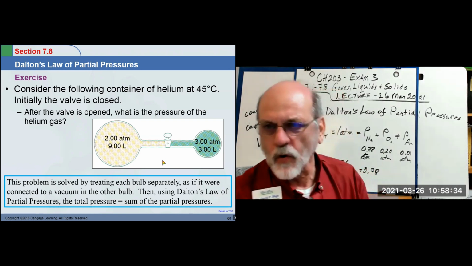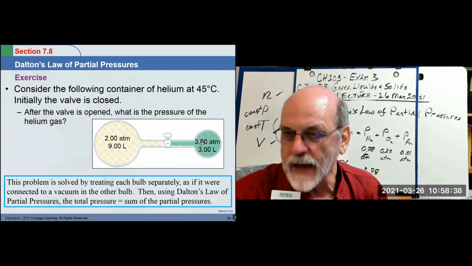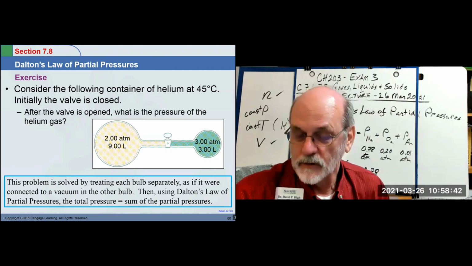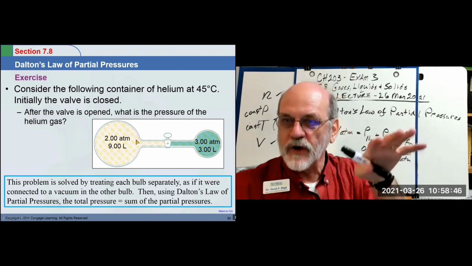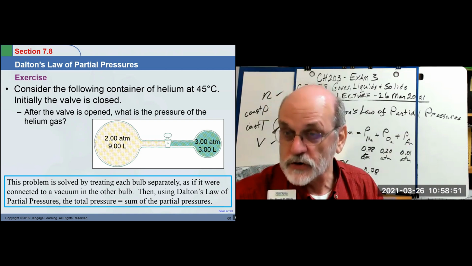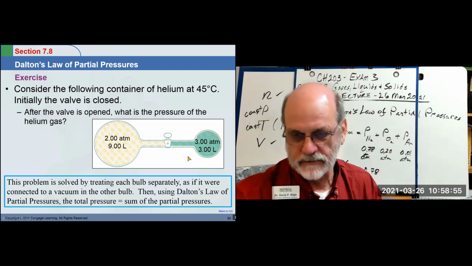All right, let's take a qualitative look at this. You've got 2 atmospheres pressure here and 3 atmospheres pressure there. Which way is the gas going to move? When you open the valve, it's going from the smaller one to the larger one until the pressures are equalized. So the pressure should be somewhere between 2 and 3, the total pressure.